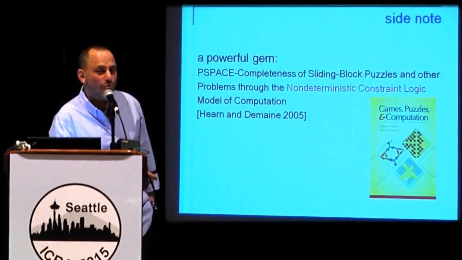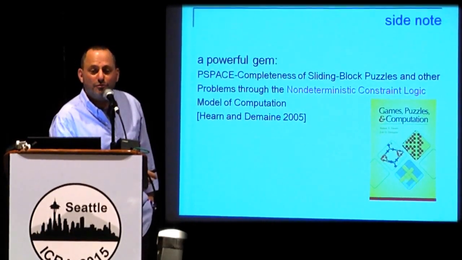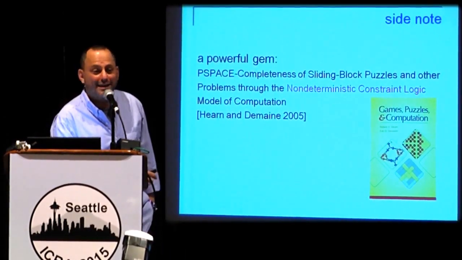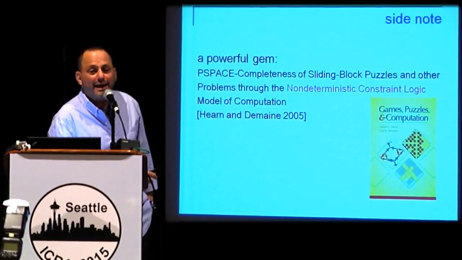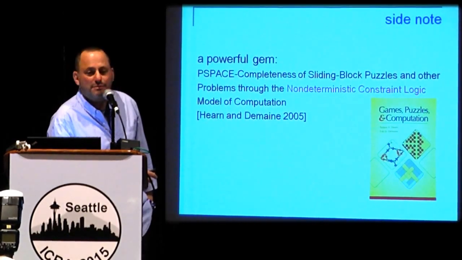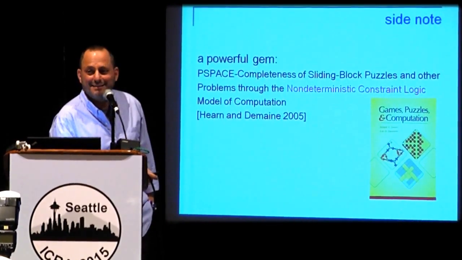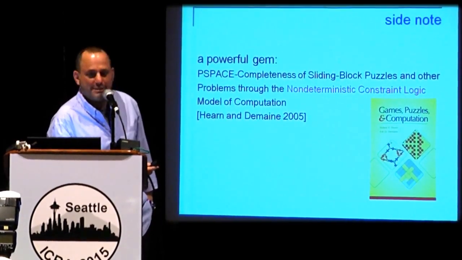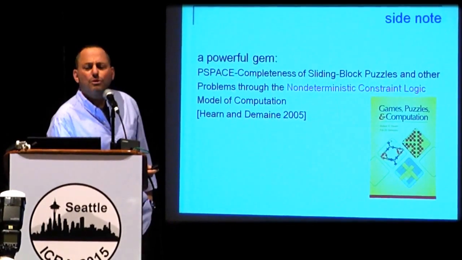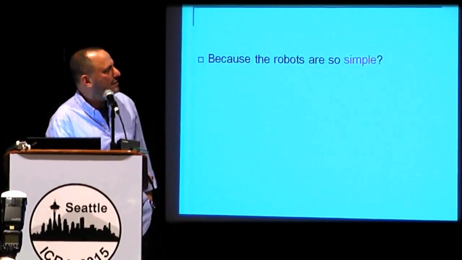Here is a take-home advice that I can give you if you're interested in hardness of robot motion planning or of games. They came up with an elegant and powerful mechanism called nondeterministic constraint logic, from which it is fairly easy to derive hardness results.